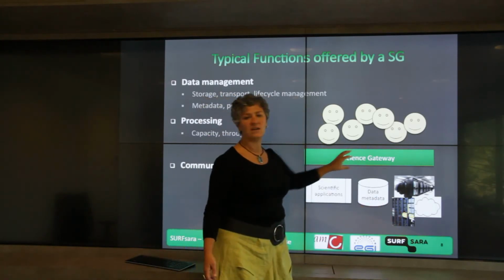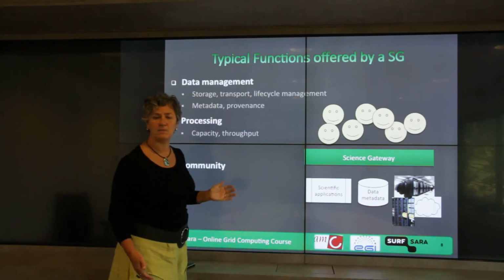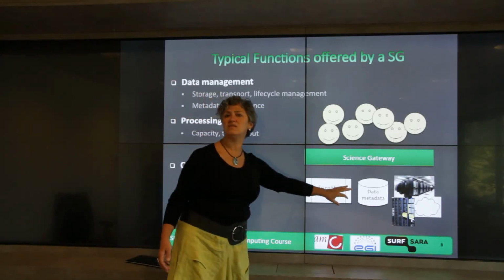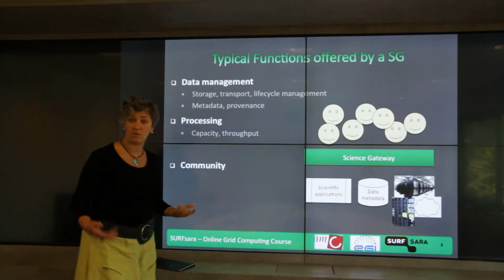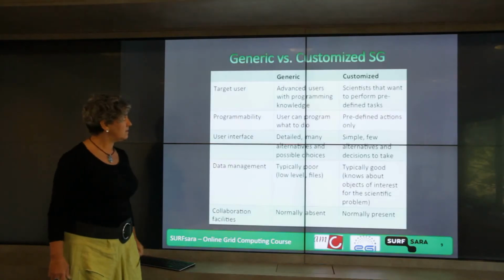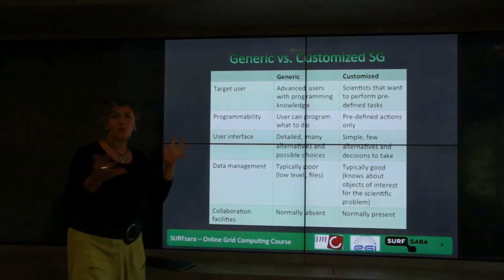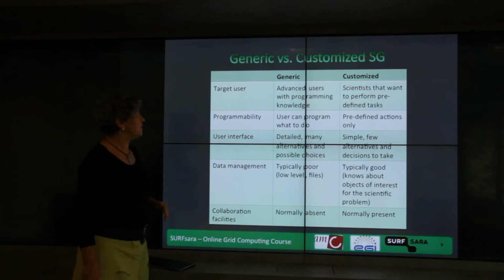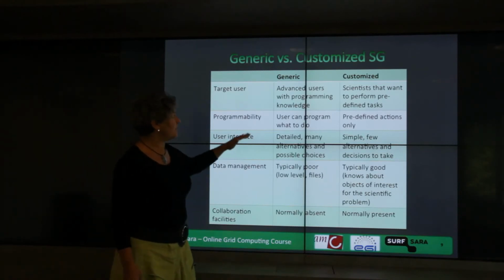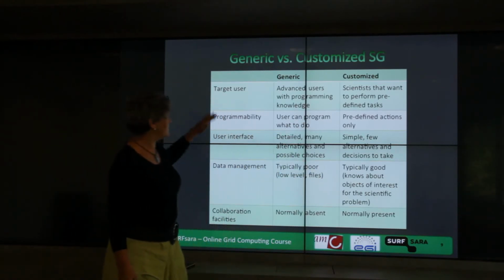And what you have is a layer called the science gateway in between that makes it easier for these people to use this stuff from a web interface. So, comparing a little bit, you have generic gateways and you have customized gateways, and they have different properties.